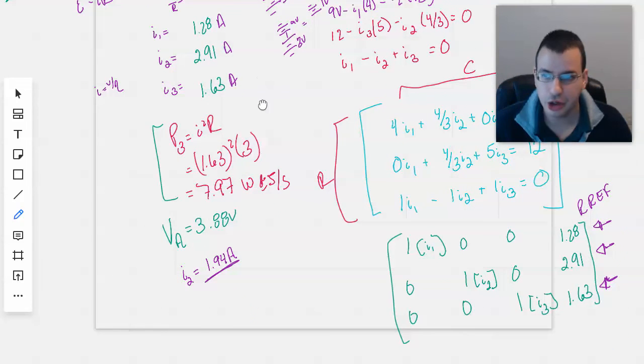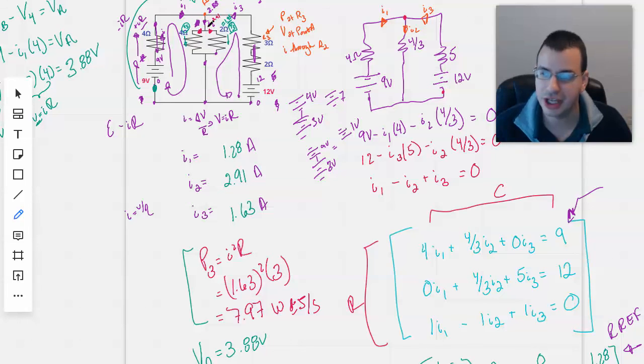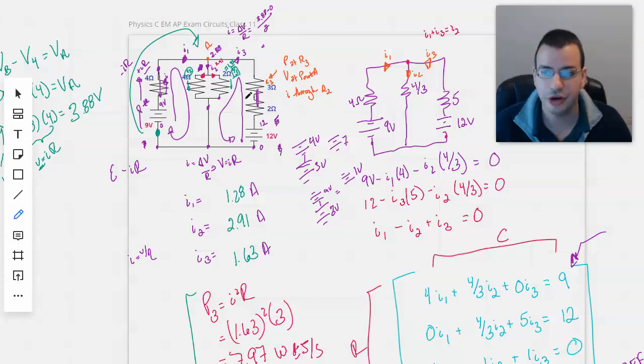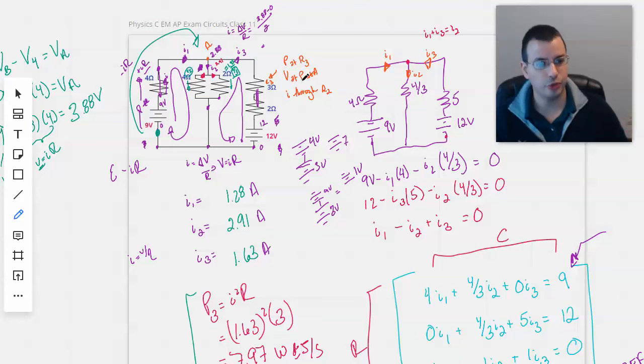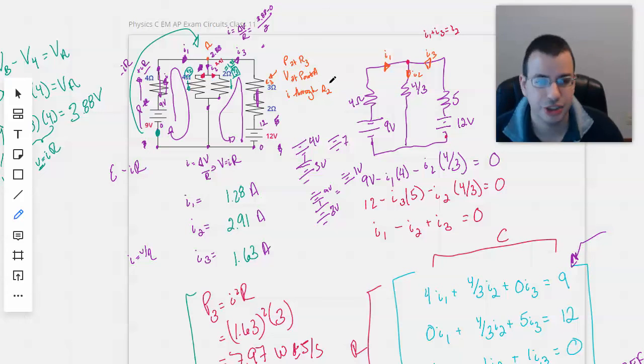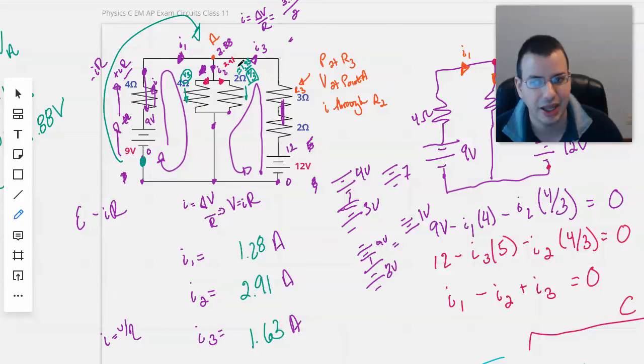And then we wrote in our currents, and then we used the current flowing through the resistor for the I squared R, which gives us the power delivered by the resistor. We then looked at the voltage drop across one resistor, which went from 9 volts to 3.88, which gave us a voltage at A, which is one of the things that was asked for.